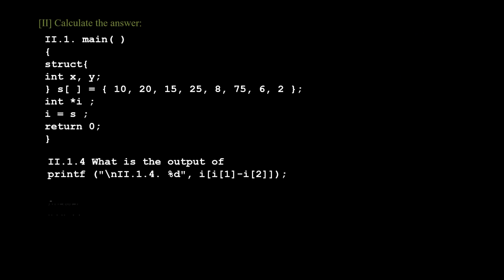Let's see the output. Output is 75. So I[2] is 15. I[1] is 20. So 20 minus 15 is 5. So I[5] is 75. That is how the output is 75.